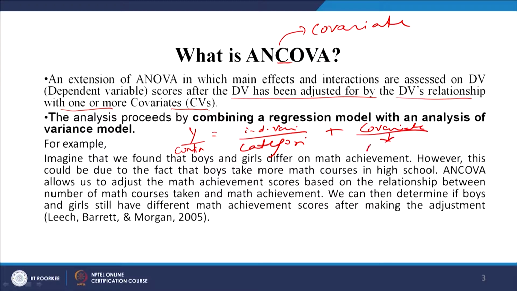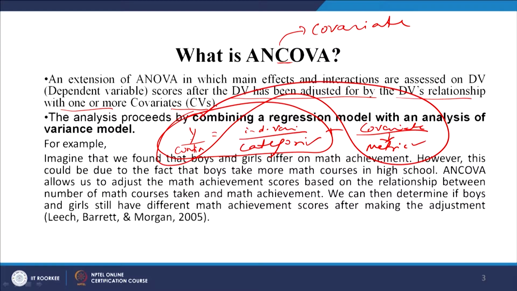Because it is measured again in a metric, continuous manner. So, this is categorical, this is continuous, right. When I have 2 such independent variables and I am measuring their effect on the dependent variable, if we take only this much, it is like an ANOVA, it is a case of ANOVA, right. But what if I take this one along with this, right.